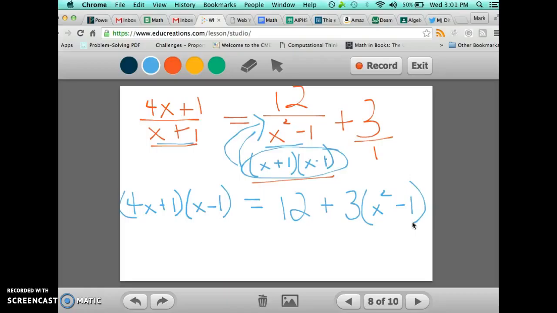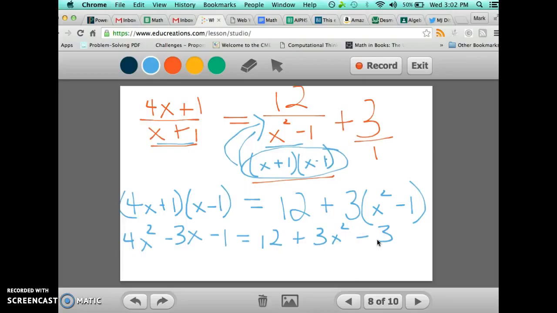But for now, we can expand this, so by multiplying. So plus 1x on the inside and minus 4x on the outside gives me minus 3x minus 1 equals 12 plus 3x squared minus 3.